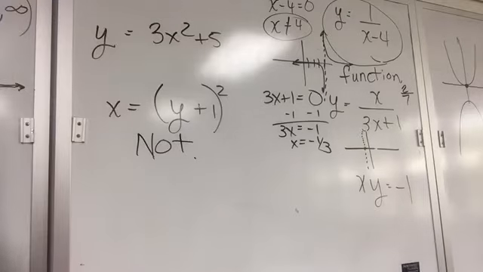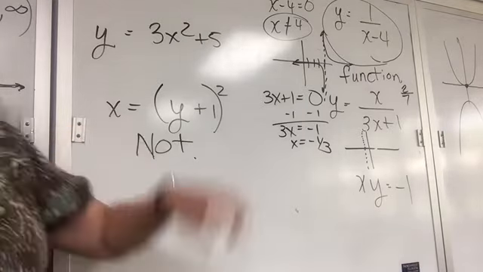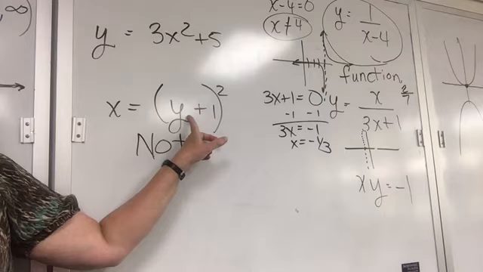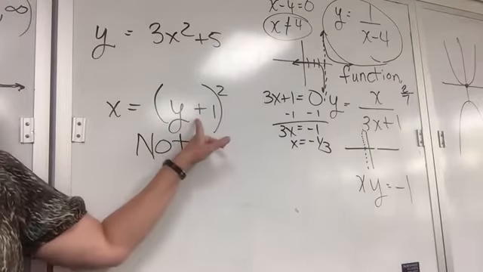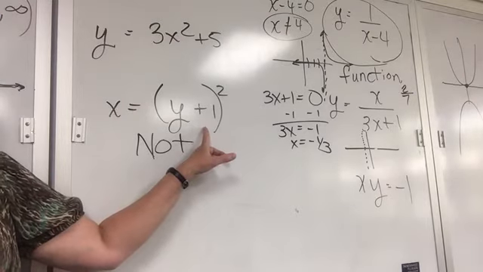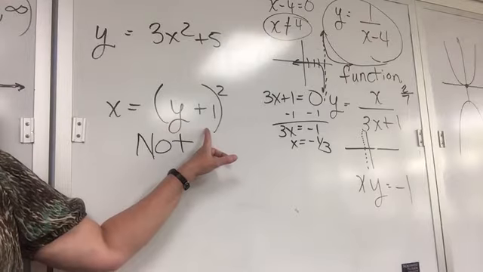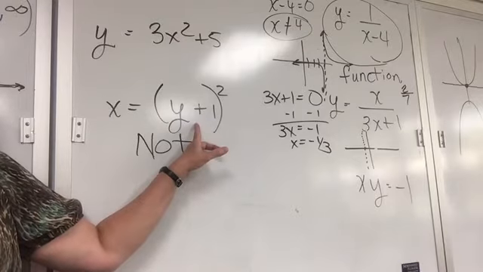Now, you have to discover the domain. What can x be? Let's just start plugging in some values. If I let y be 0, I get 1 squared. If I let y be negative 1, I get 0 squared. If I let y be negative 2, then I get negative 1 squared.